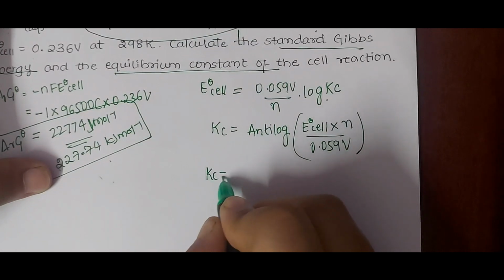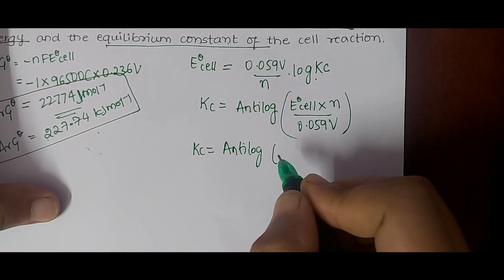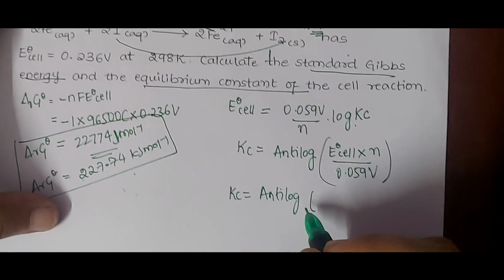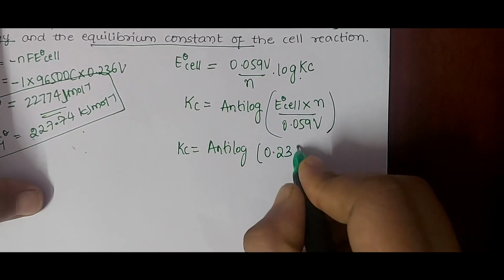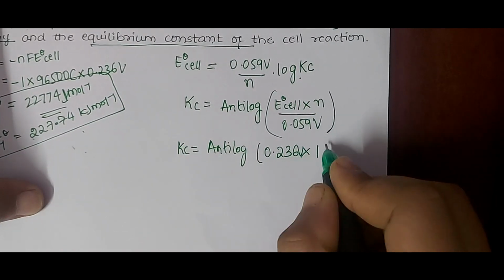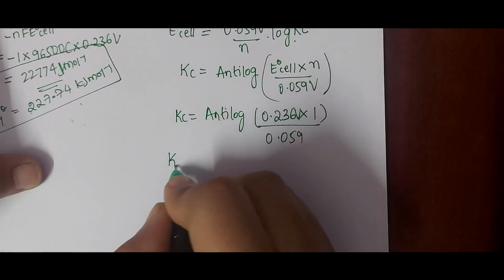So here, Kc is equal to antilog of E naught cell value, already given. It is equal to how much here? 0.236 volt. We'll substitute it: 0.236 into 1 divided by 0.059. So what we get here? We'll check it.